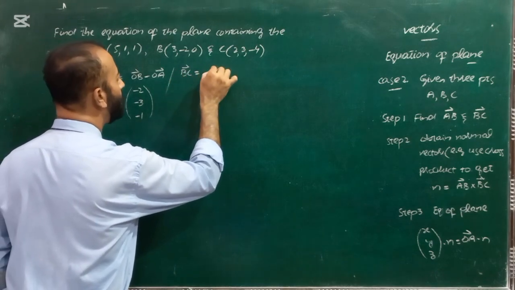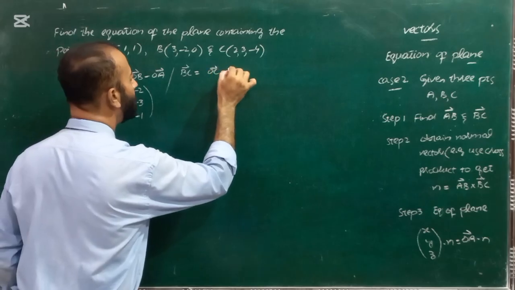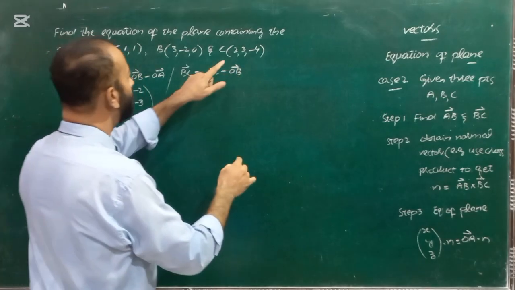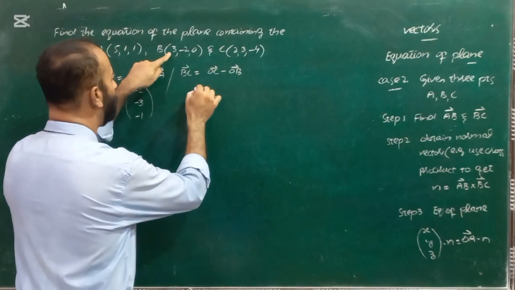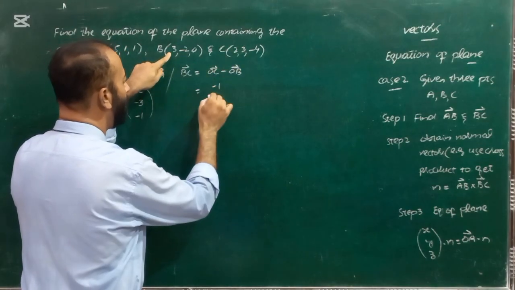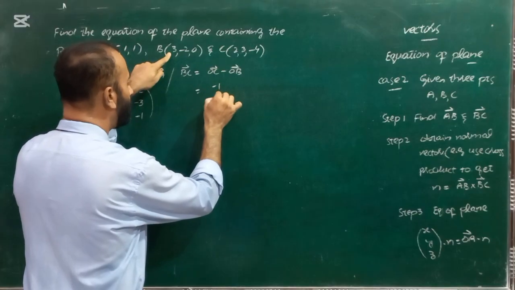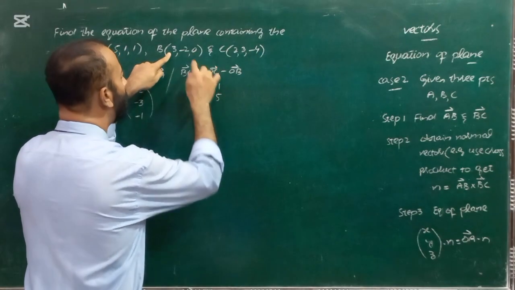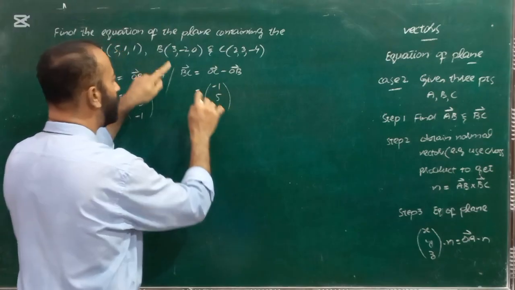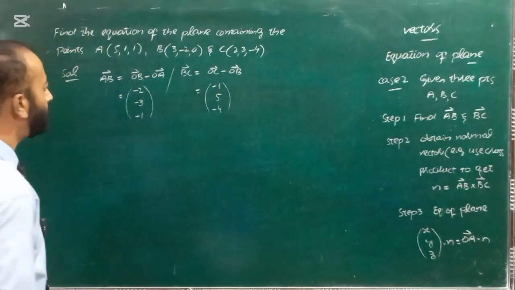That will be equal to OC minus OB. So look now, 2 minus 3 will be minus 1, 3 minus minus 2 will be 5, and minus 4 minus 0 will be minus 4. So this is the BC vector.